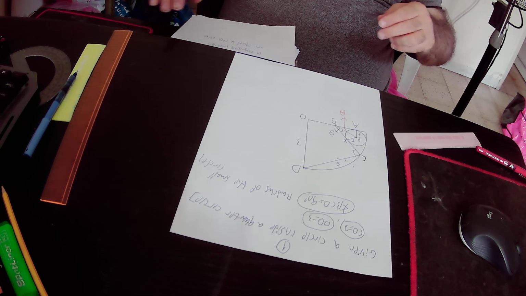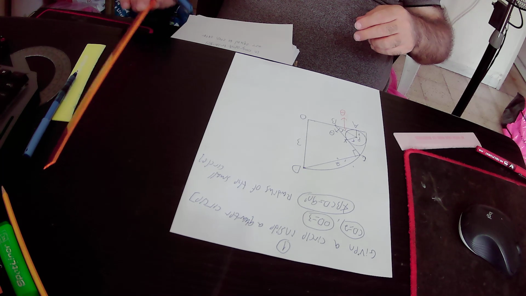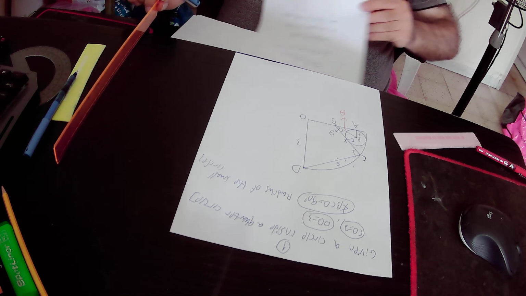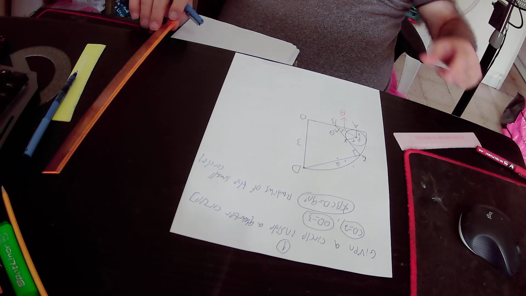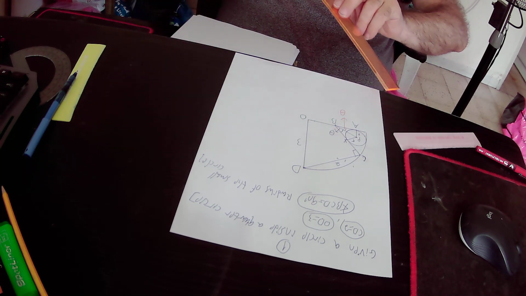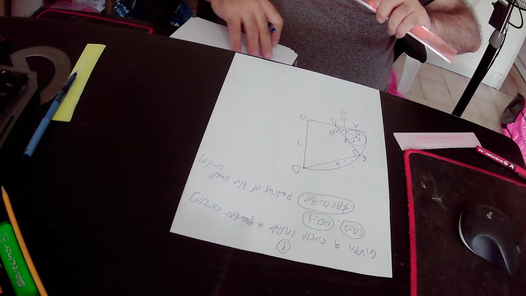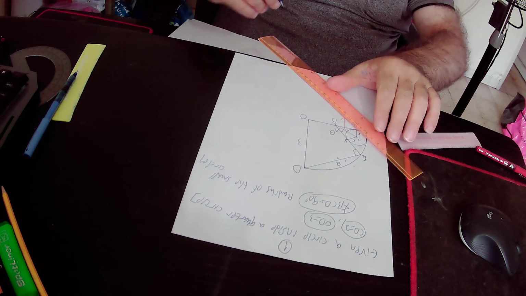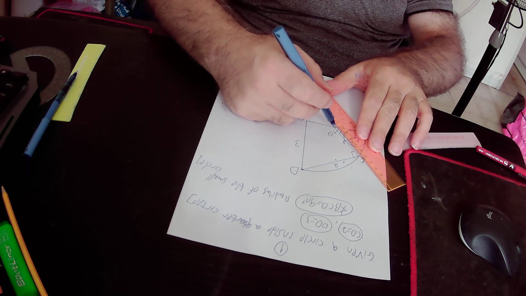So in the next step, we will extend CB and DO until they intersect. Okay?